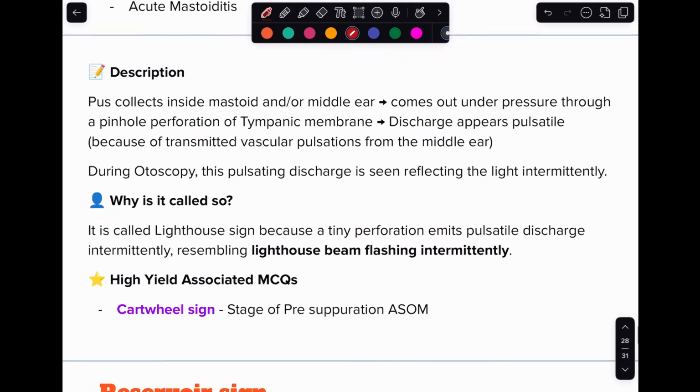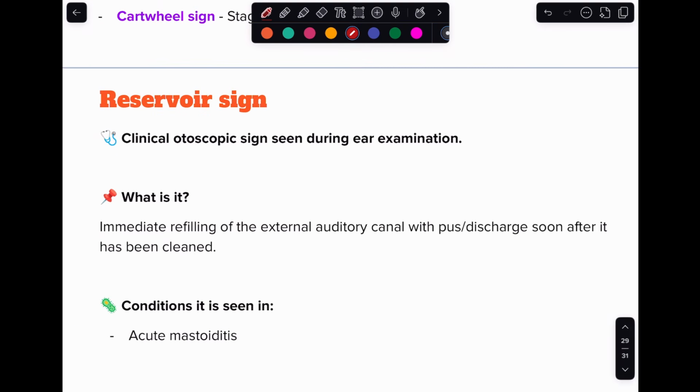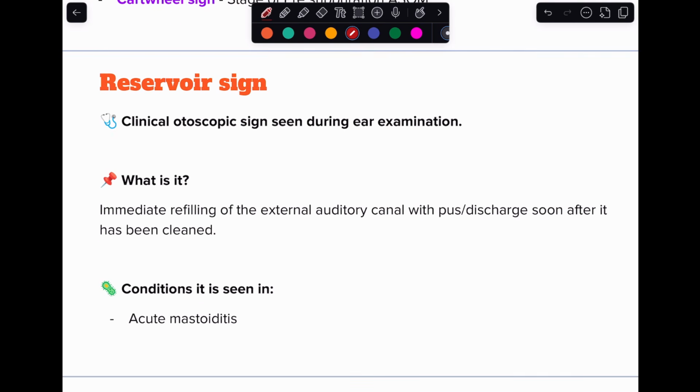Next, moving on to our next sign, we have the reservoir sign, which is going to be the last sign that we discuss today. The reservoir sign is a clinical sign which we see during otoscopy. What is it exactly? When you try to suction off the pus that is there in the ear canal, you'll see that within minutes of suctioning off and clearing the ear canal, it starts to get filled with pus or discharge yet again.